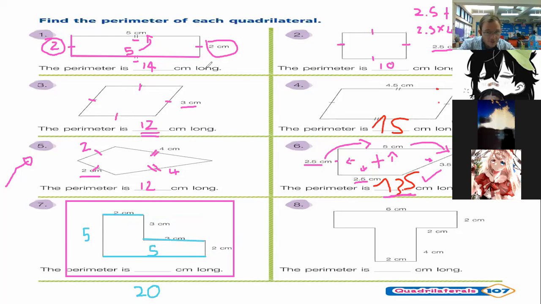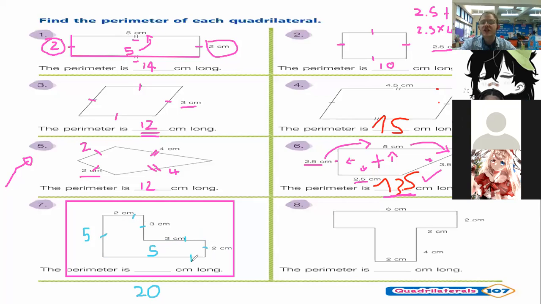But now it's important for us to count all the sides, because if you think about this shape, it has 1, 2, 3, 4, 5, 6 sides, 6 lines that have to be added all together to give us the perimeter. So firstly, we have to count. We have 1, 2, 3, 4, 5, 6.